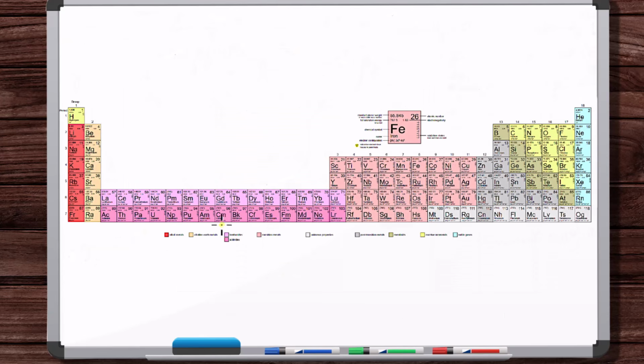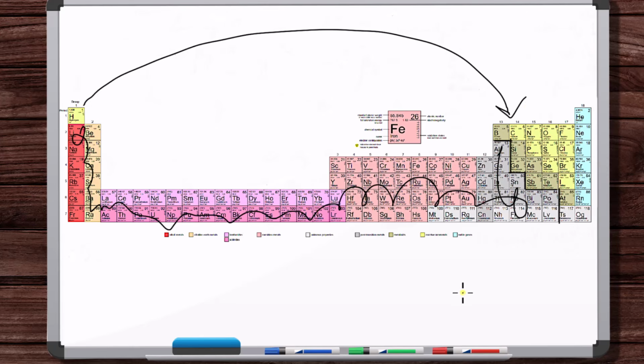They just squeeze in. So this is technically what the periodic table looks like. All elements to the left of this line are metals, not including hydrogen. Hydrogen, technically, as far as physical and chemical properties, comes over here.